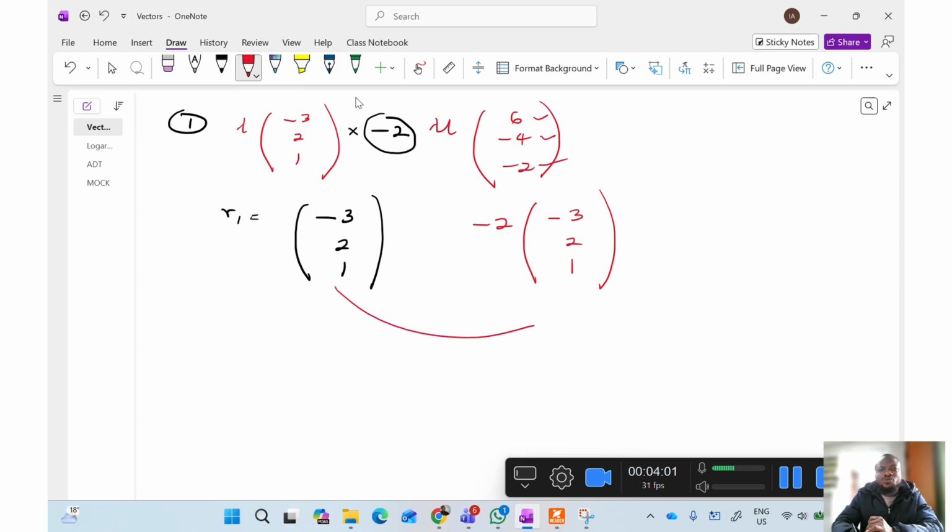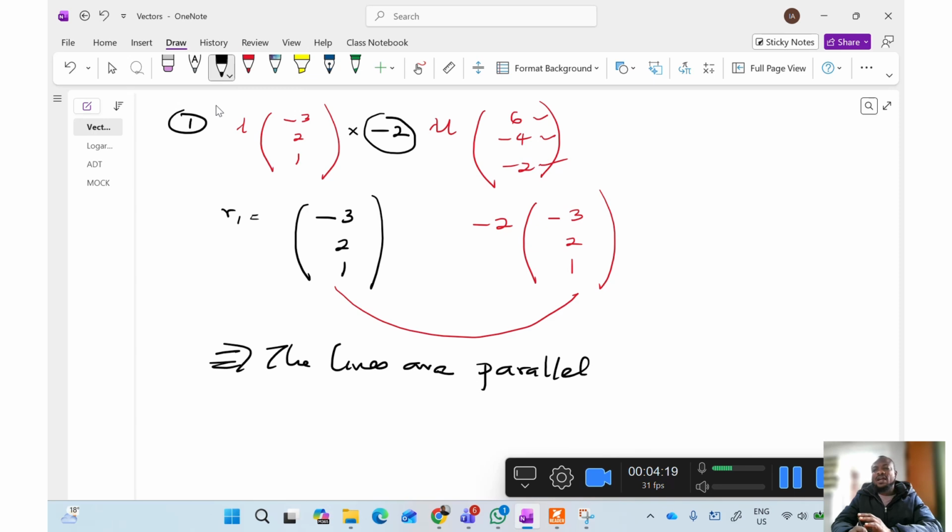Take a look at these two values. What do you observe? That implies that they are in the same direction. So since they're in the same direction, this implies that the lines are parallel. I hope this is well understood.